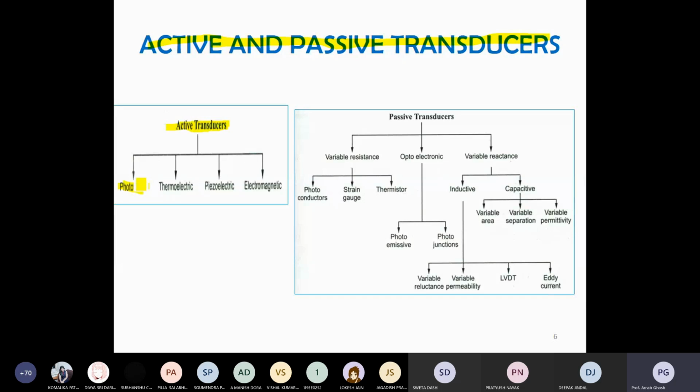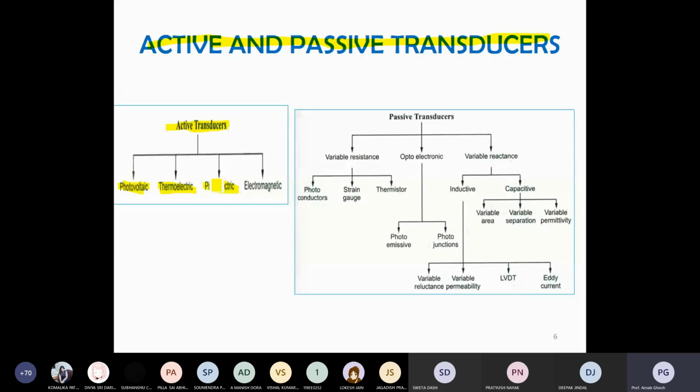If light comes to the transducer end, you will get some electrical output. So that is your photovoltaic transducer. Then thermoelectric means temperature related. If there is any thermal effect, you will get some electrical signal. So it's an active transducer.